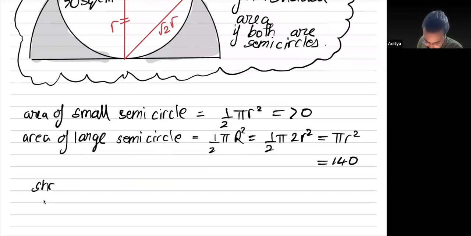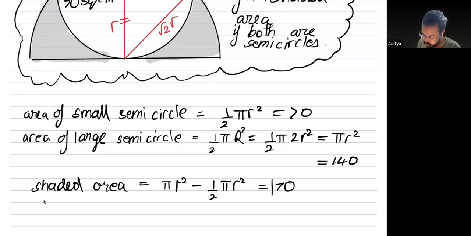So shaded area is equal to pi r square minus half pi r square, which is equal to 7.